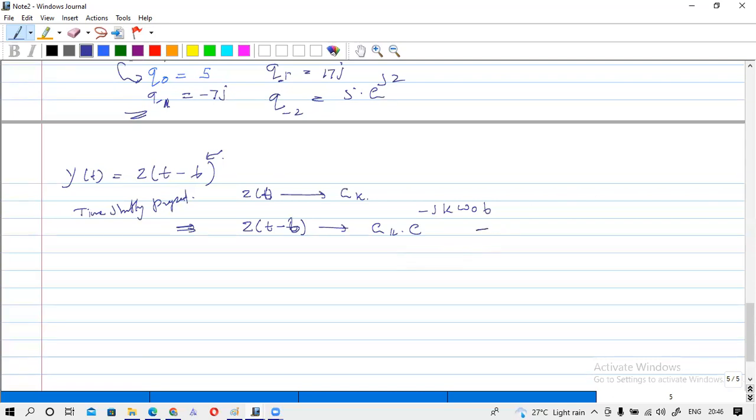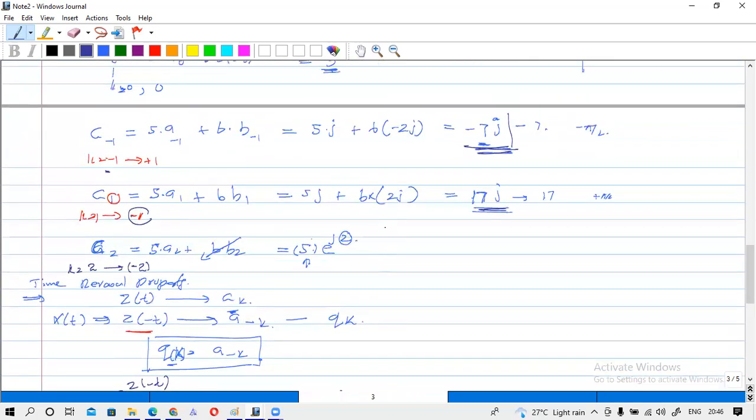Let's say this is equal to some value lk, so lk will be the coefficients. Now we have to find this L value. Before that we have to verify what is the omega naught here.